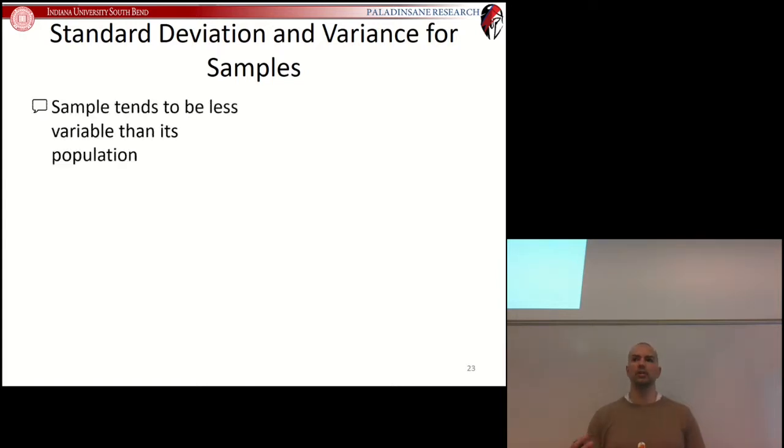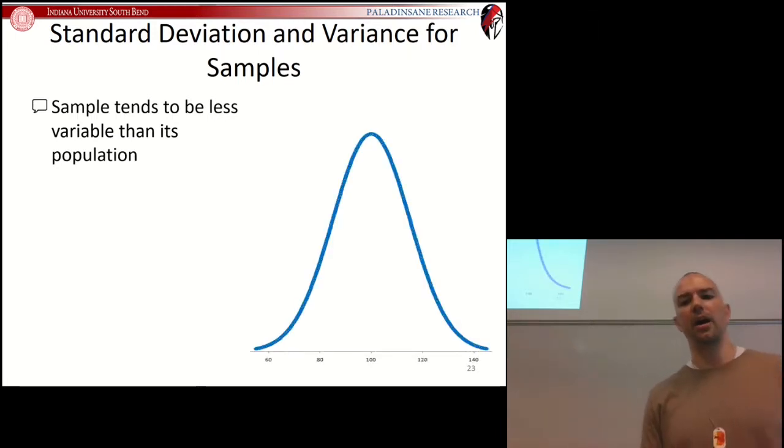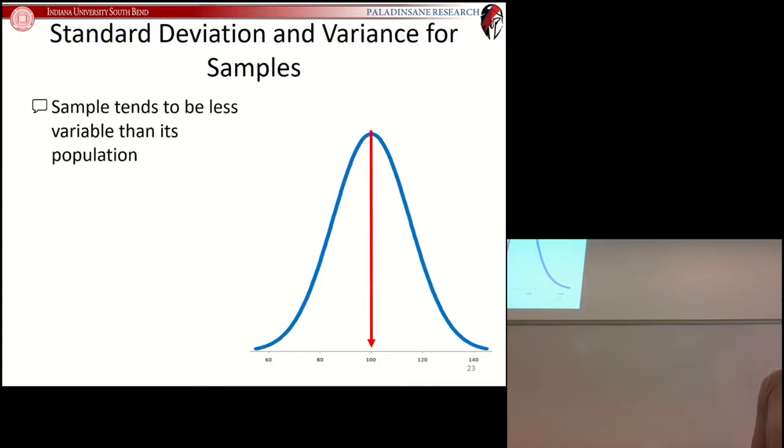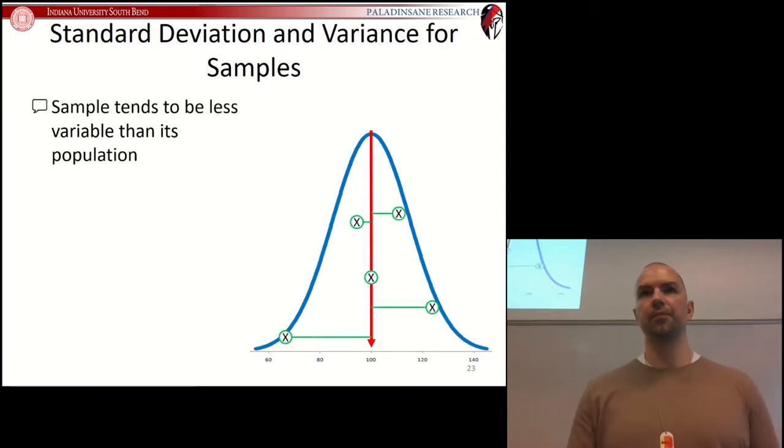And the reason we need to have a slightly different formula, a slightly different concept for this, is that samples tend to be less variable than a population. This is just the way it works out. So if you have your population right here, and you take a sample out of that population, you grab 5 scores out of that population, and they have certain variability. The population variability takes into account the entire spread of the population.